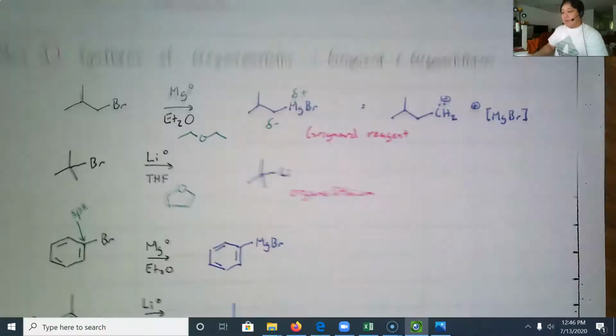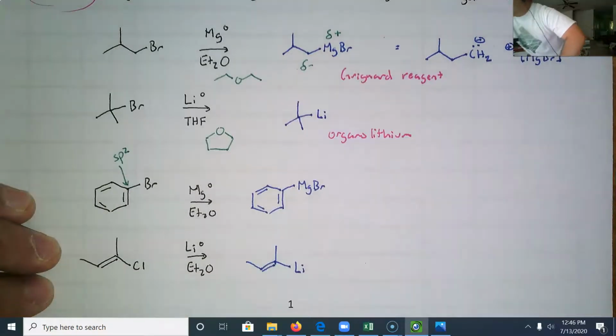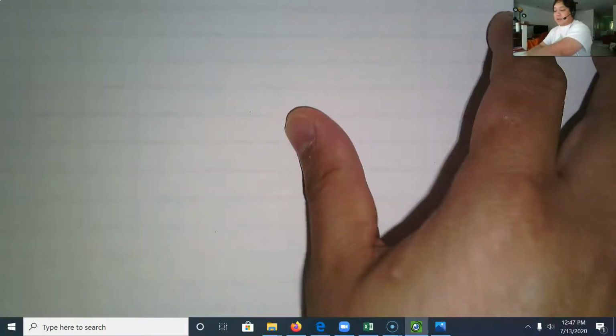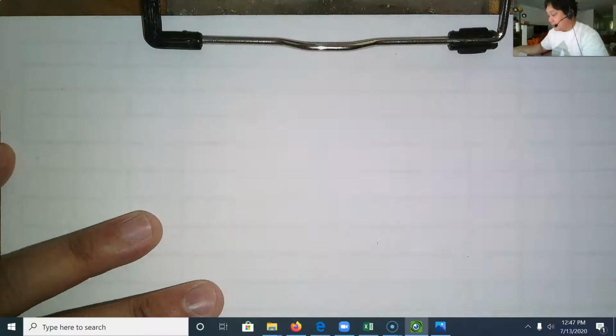Let me show you why it's important that there's no acidic protons. And this is a warning because you will mess up your experiment if you try to make a Grignard reagent in a protic solvent, or if there's any protic solvent after you made the Grignard reagent and you're trying to use it.